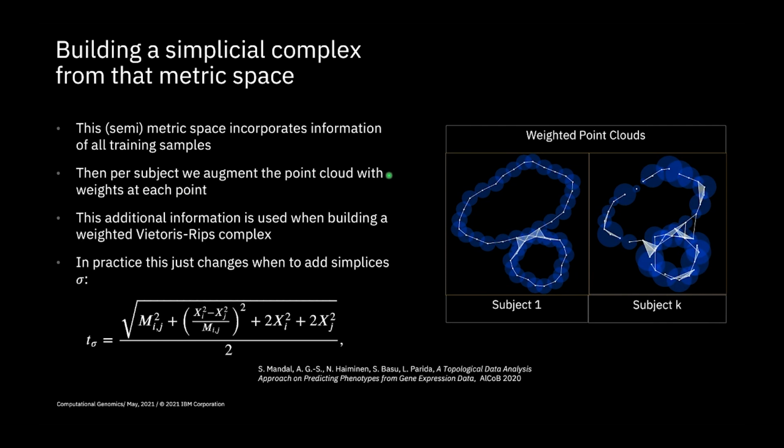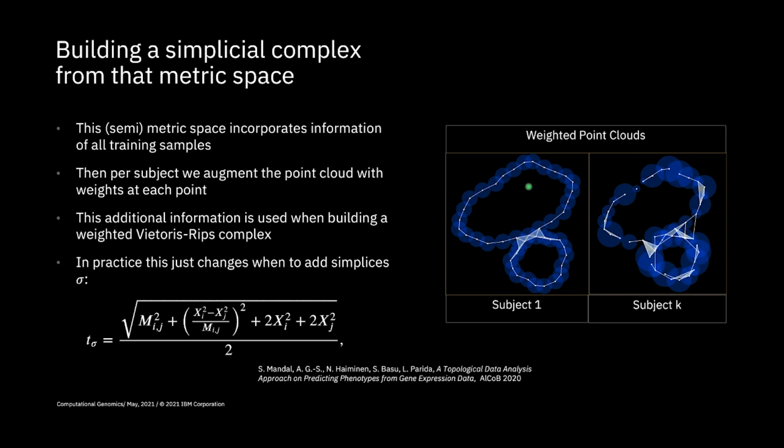And so we then constructed a weighted Delaunay complex, right? And we had to actually solve some identities, and we ended up with that particular formula that tells us when to add each of the simplices. And here on the right, I'm showing what it means to have these weighted point clouds, right?